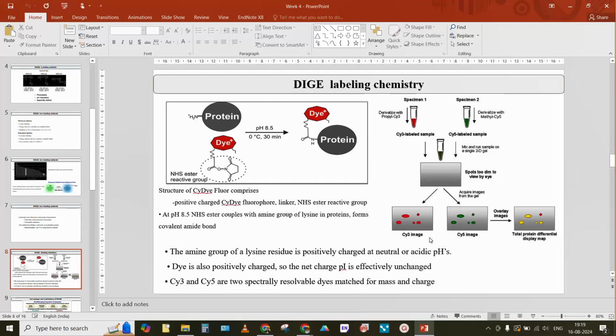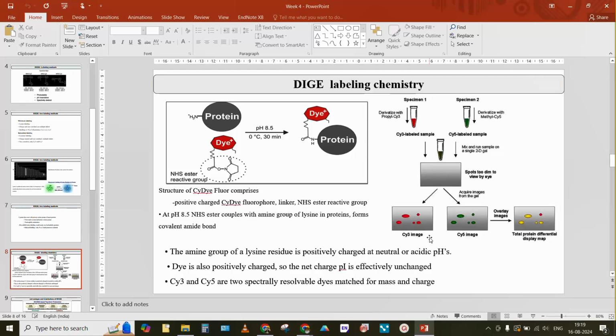Now in this slide I will describe the labeling chemistry. DIGE labeling chemistry: as you can see in the structure, a cyanine dye is comprised of a positively charged cyanine fluorophore, a linker, and an NHS ester reactive group. At pH 8.5, the NHS ester couples with the amino group of lysine in the proteins and forms covalent bonds.